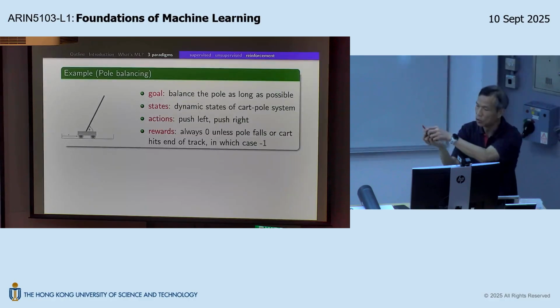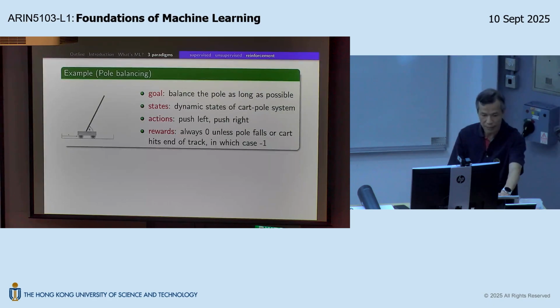You do this a number of times and try to maximize your reward, that is, try to minimize the number of -1 you get. So essentially, if you can do this, then you're basically trying to get 0 all the time. In other words, you are always maintaining the pole in this direction, in this situation. Is it clear?